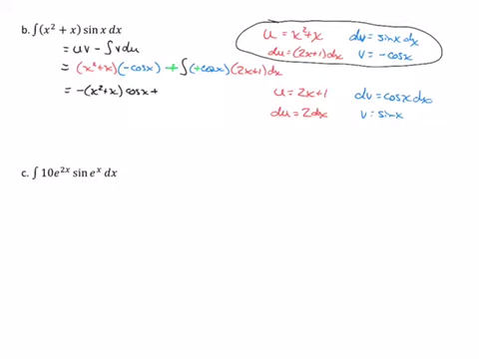So u times v, so u was 2x plus 1, might be running out of room here, times the sine of x, but the sine of x, of course, should be in blue, minus the integral of v, which is the sine of x, times du, which is 2 dx. Let's put a little border wall up there. Okay. So we have just a little bit left to go.